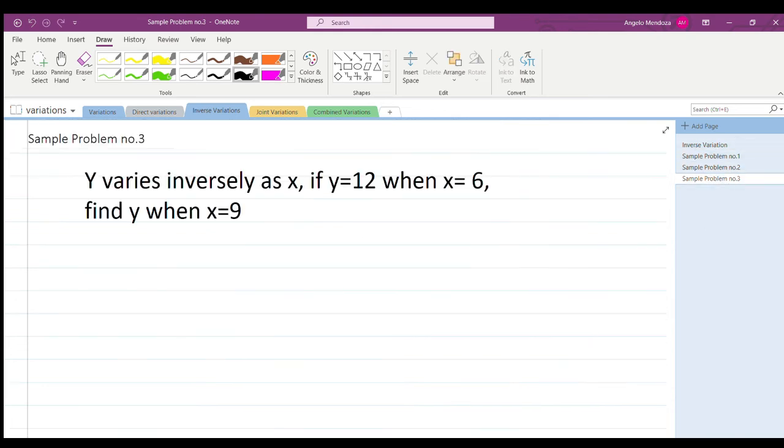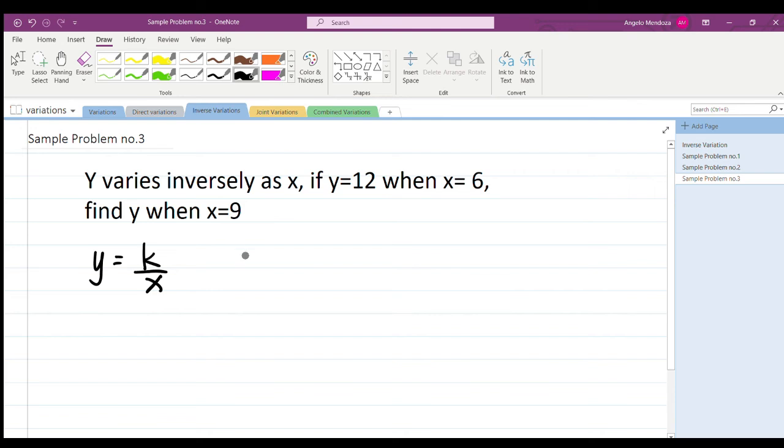Next, we have our last sample problem, number 3. y varies inversely as x. If y equals 12 when x equals 6, find y when x equals 9. Again, using inverse variation, y varies inversely as x. We can solve first for k.